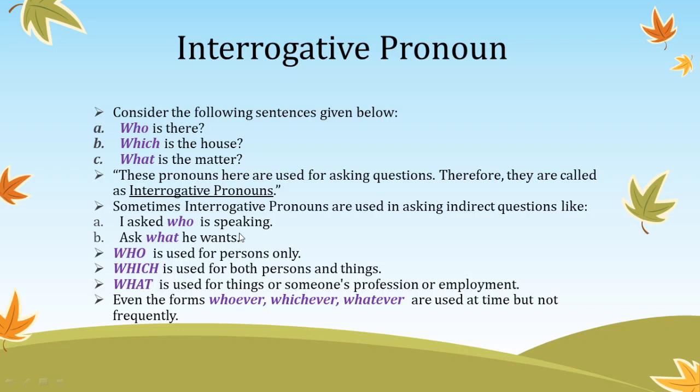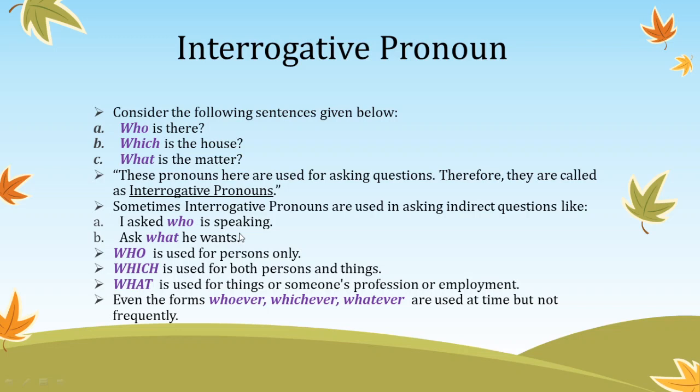Now here is a shortcut for you to learn. Who is normally used for persons, which is used for both persons and things. What we can use for someone's profession or employment or things. Suppose it's a question, what are you? The answer is I am a doctor. So the person is not given importance.